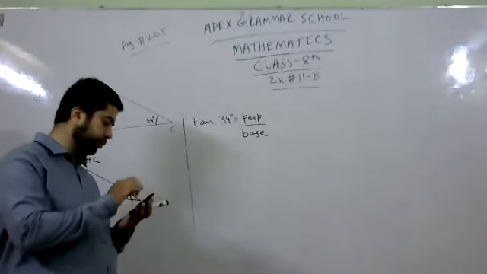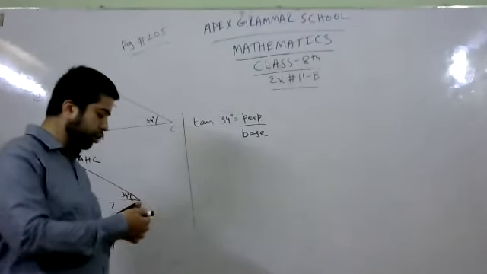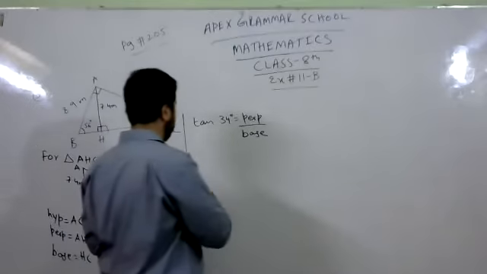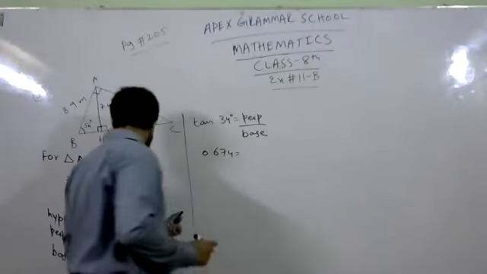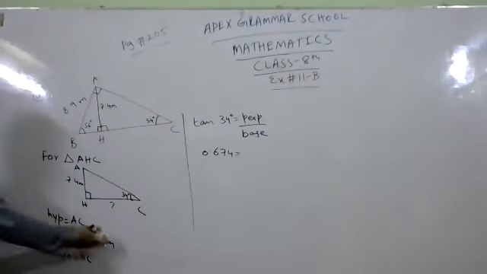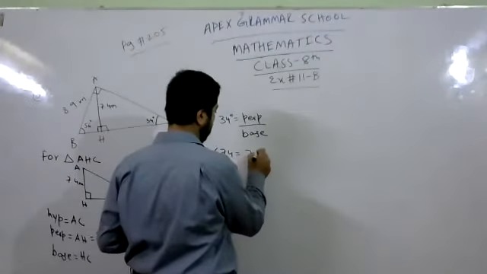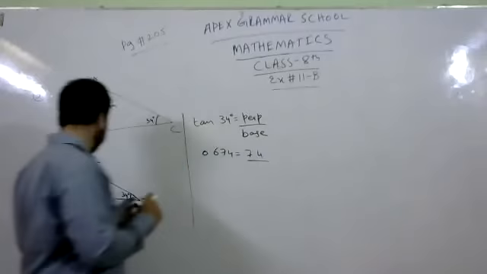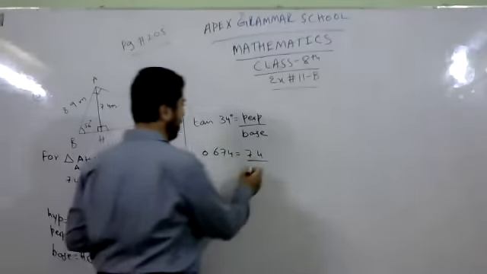Tan 34 is 0.674. Perpendicular, that is 7.4 meter. And what is base? Base is HC. You need to find the value of HC.